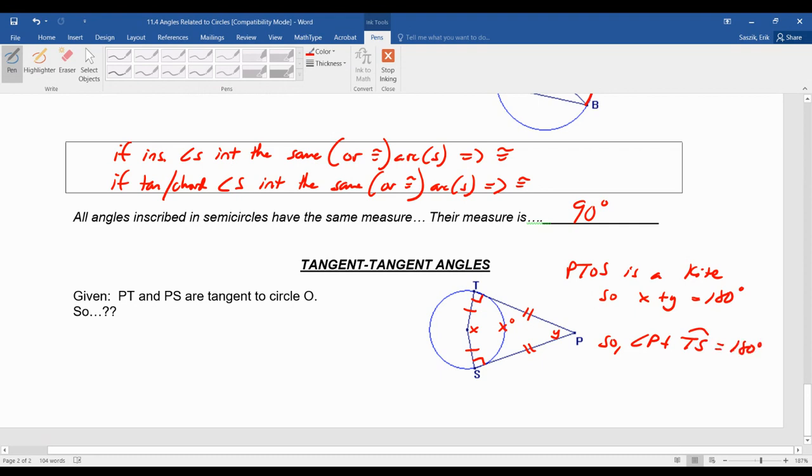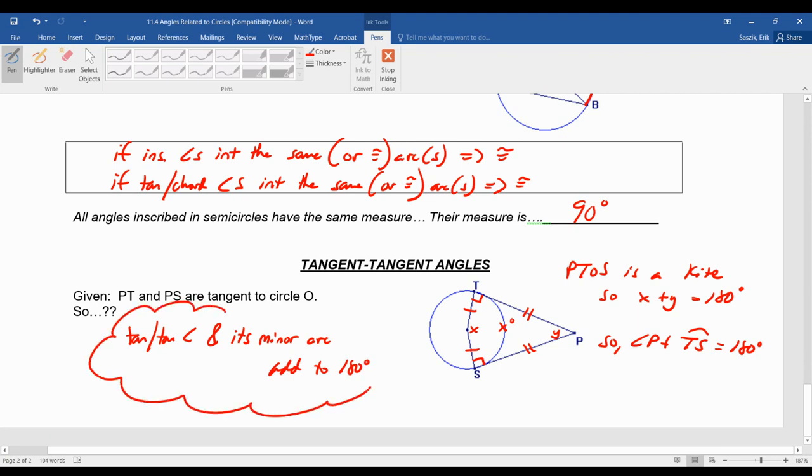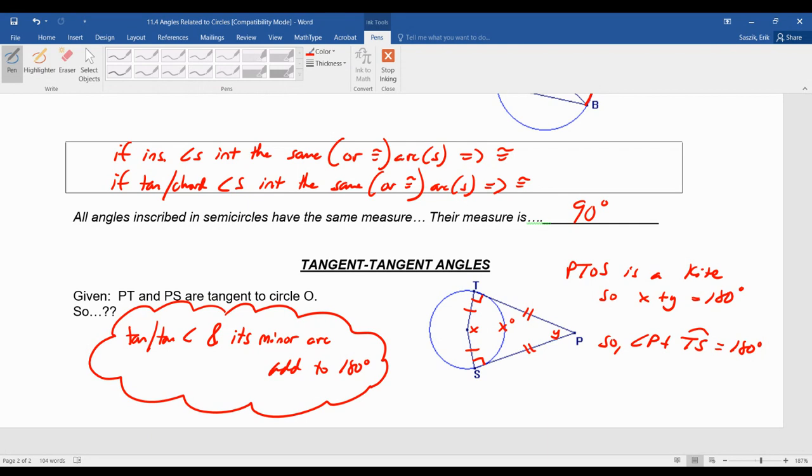So what that leads to is another theorem. Remember, angle P was a tangent-tangent angle. A tan-tan angle and its minor arc add to 180. Obviously, that tangent-tangent angle creates this major arc here, creates this minor arc here. But the minor arc and the tangent-tangent angle have to add to 180 degrees.